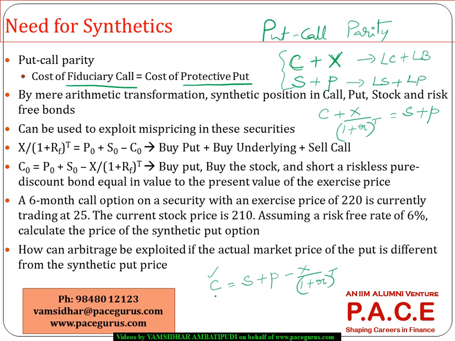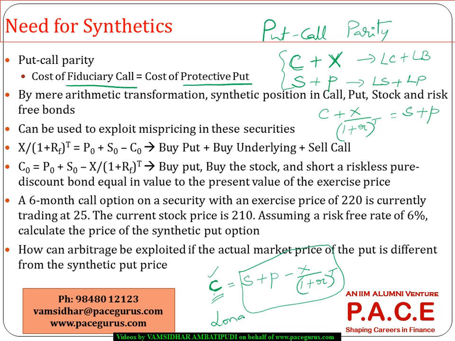So C can be created without the call by using a combination of these three items. That is the meaning of a synthetic call option. I am synthetically able to create the position of a call option without using the call option, using these three. So how can I create that position?